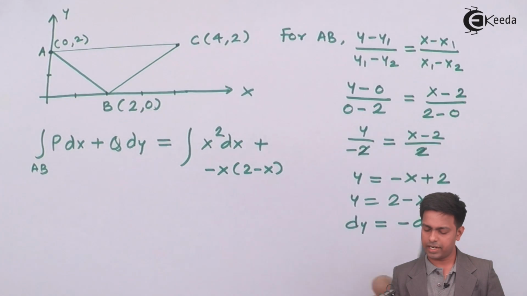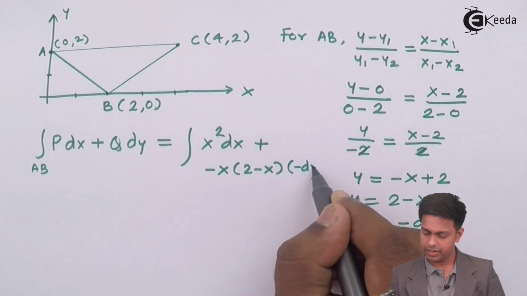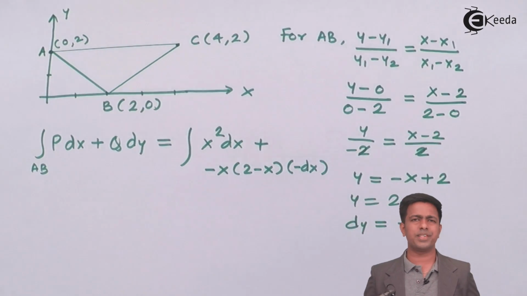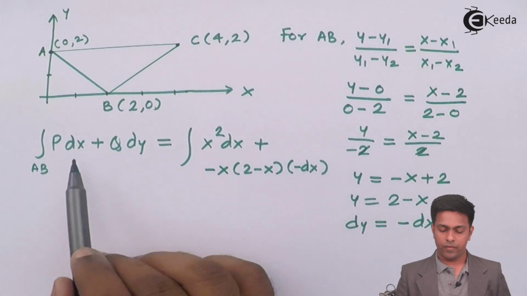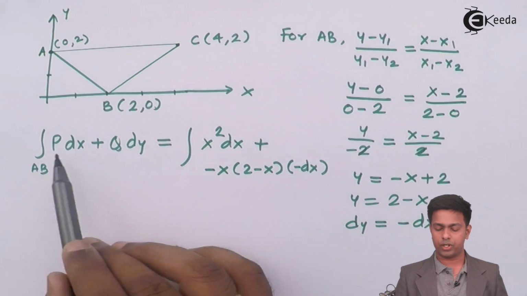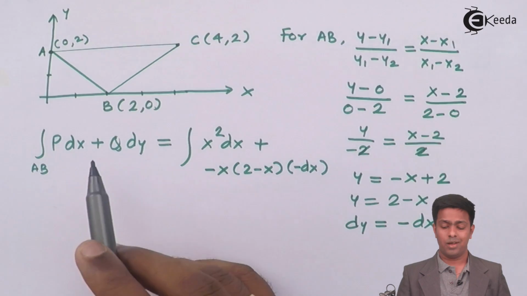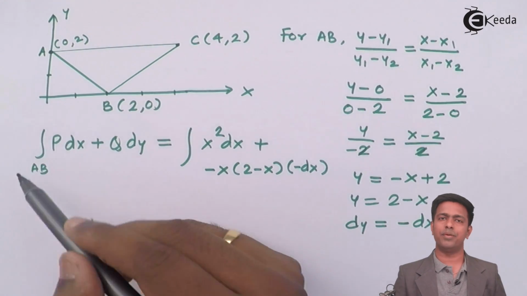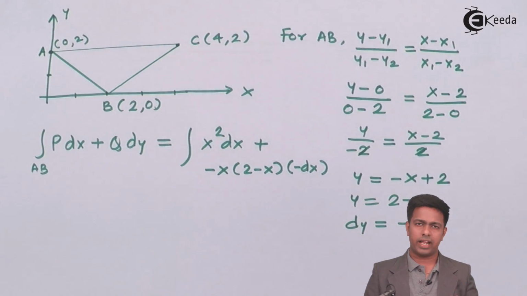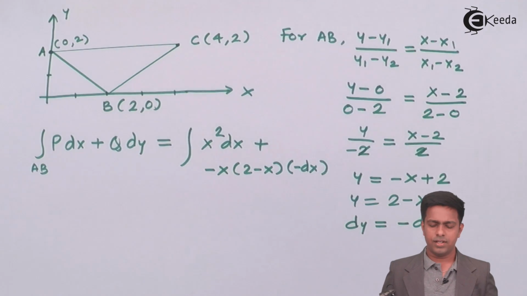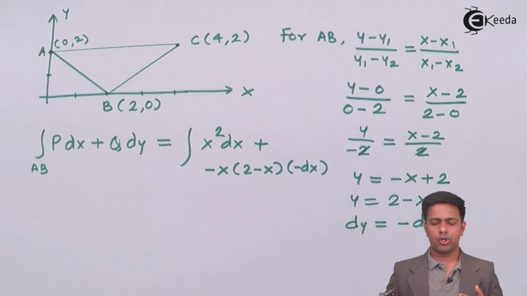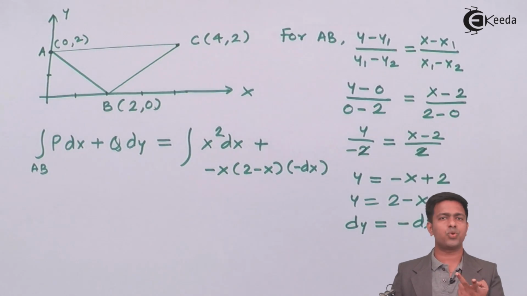So the value of dy is negative dx, so here I'll say negative dx. So guys, what I'm doing is basically here we have integration with respect to x as well as with respect to y, but when we substitute the limit, it will be for x or for y, so it will become very difficult to solve the integration with respect to two variables.